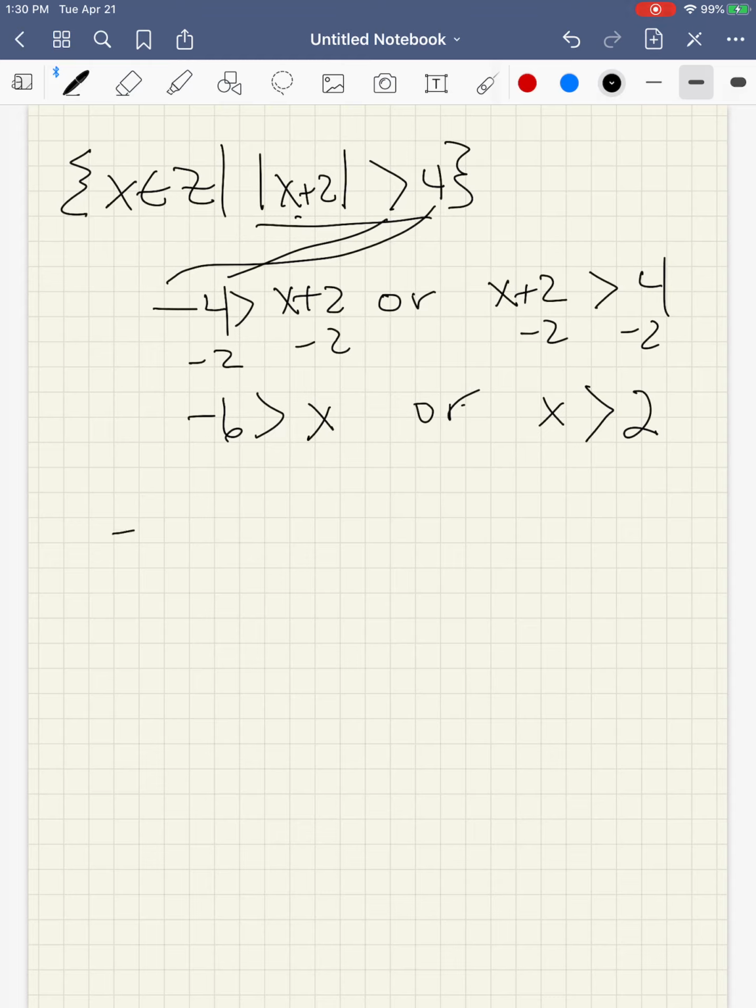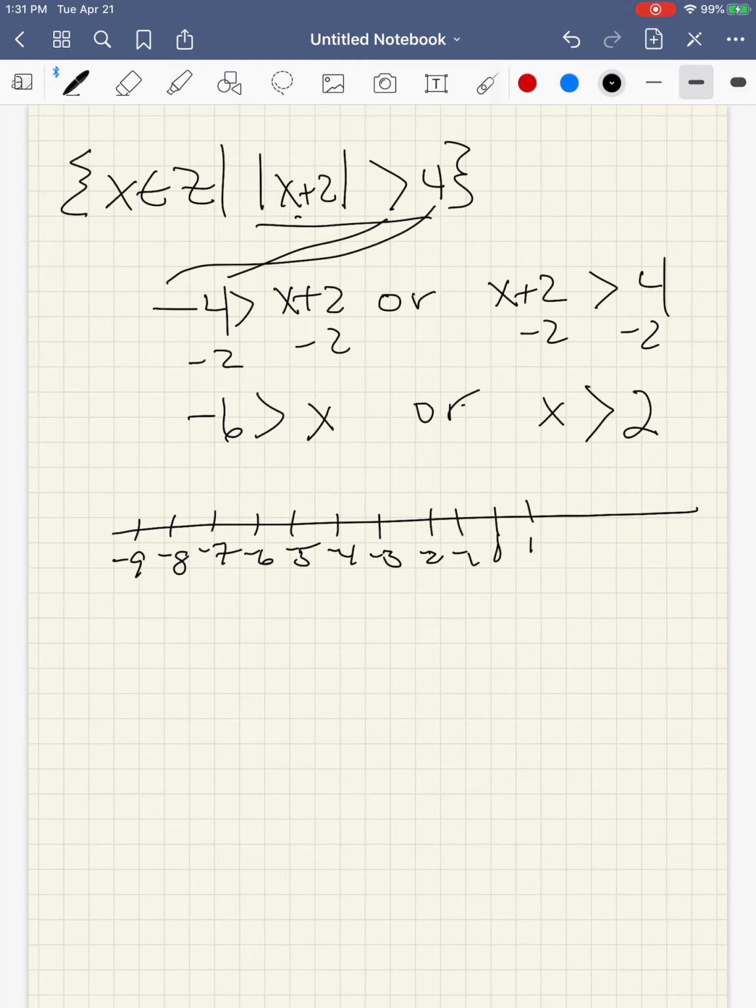All right, so on the number line, this time I have to have 3 dots to indicate a pattern in each direction. Okay, so do I put a dot on -6 and +2? It says x is less than -6, x is greater than 2, and our domain is integers.